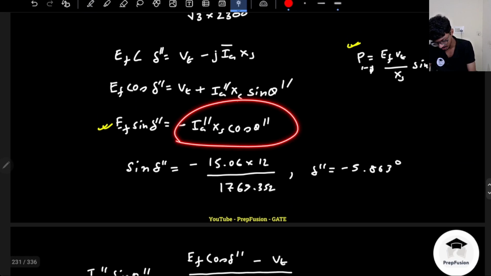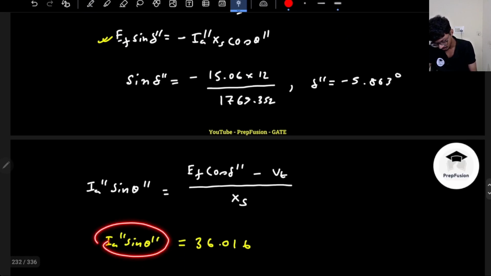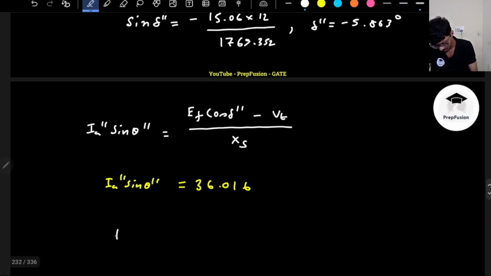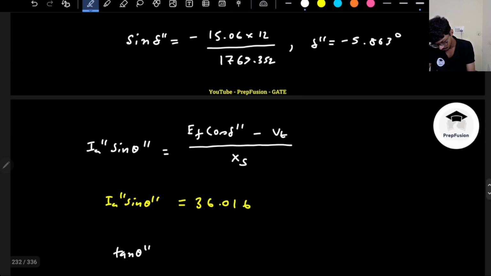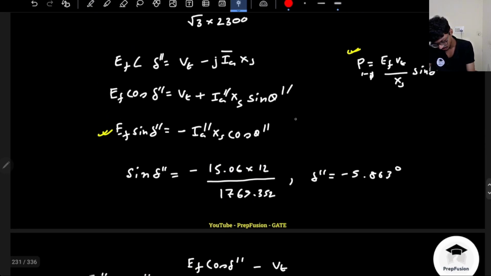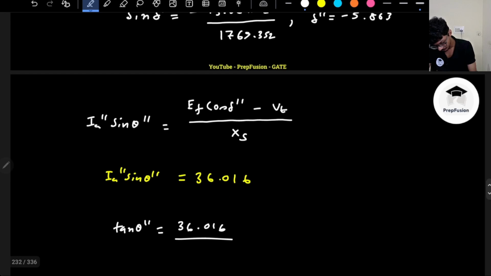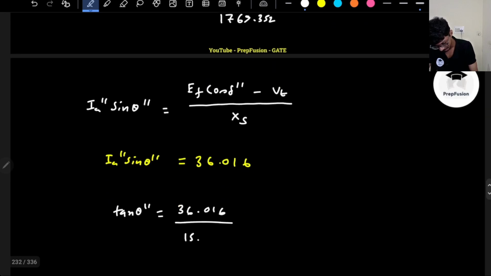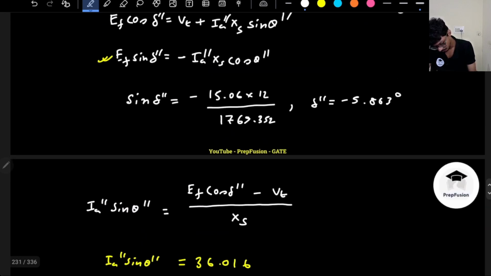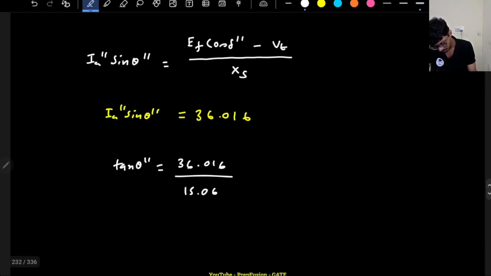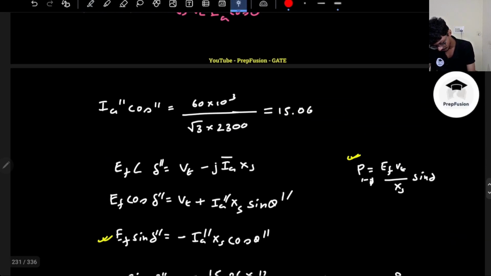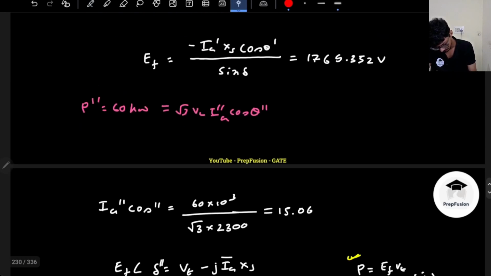So if I take the ratio of these two values, I will be able to find out tan theta double dash. So tan theta double dash will be this divided by IA cos theta double dash, that is this, right? So it will be 36.016 divided by 15.06, because IA cos theta double dash we have already derived over here.